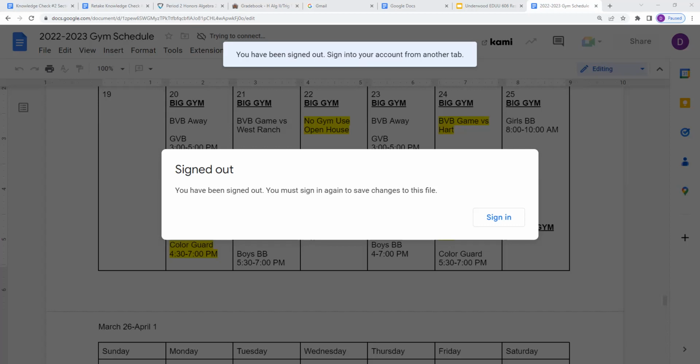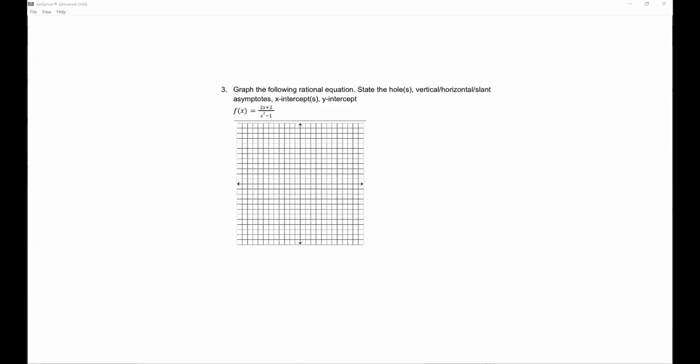Okay. Cool. All right. Number 3. Just going to try to jam through this a little bit. Sorry. All right, number 3. So we have 2x plus 2 and x minus 1.